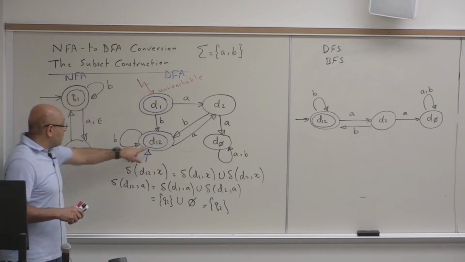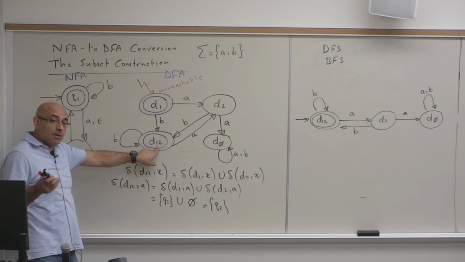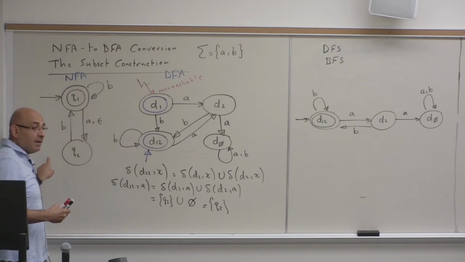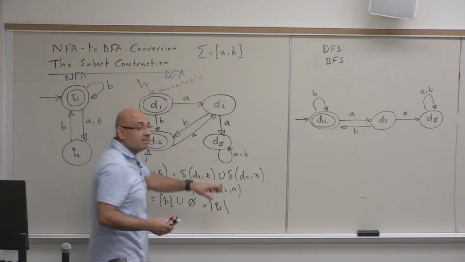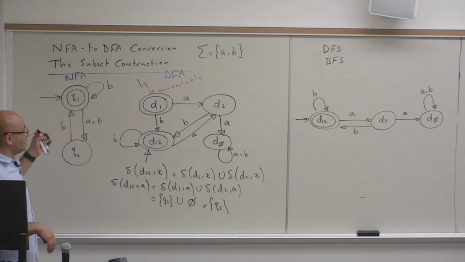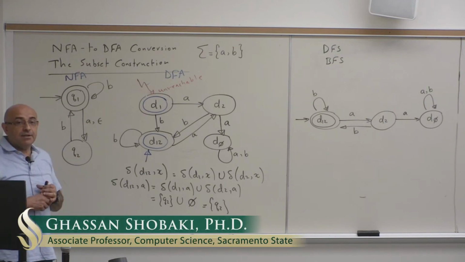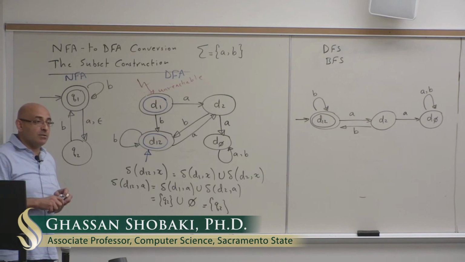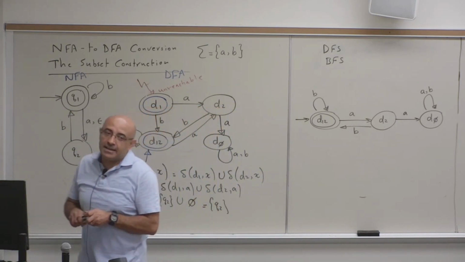Then you look at the composite states. By a composite state, I mean a state that corresponds to multiple states in the original NFA. The transitions for composite states are the unions. So this is a very general procedure. If you think it's not general, you need to give me an NFA that cannot be converted into a DFA using this procedure. Then I will convert it for you, and I will convince you that this procedure is general enough to convert any NFA into a DFA.